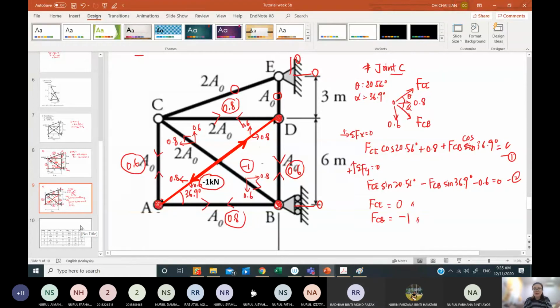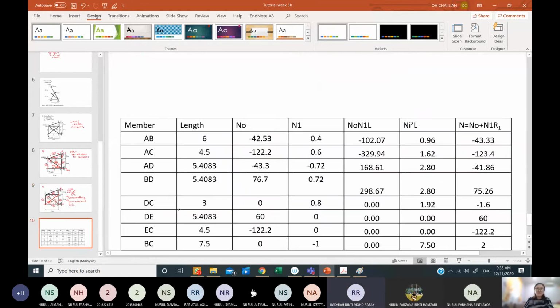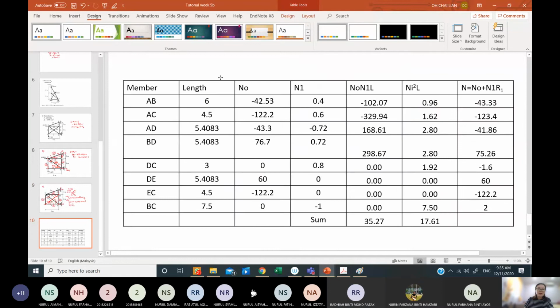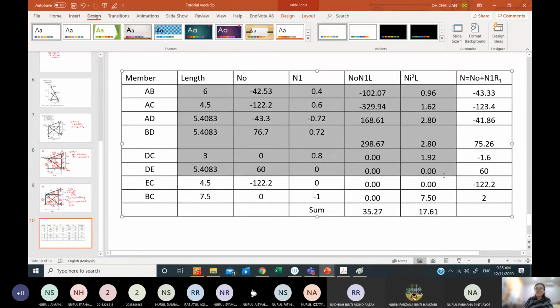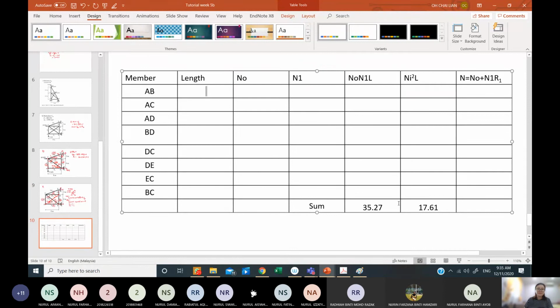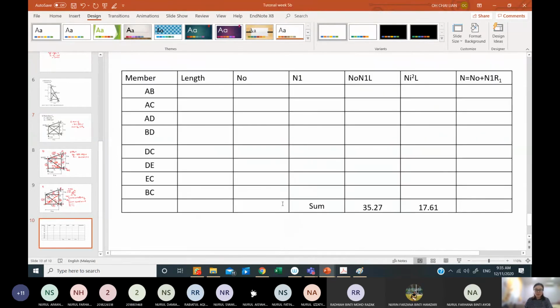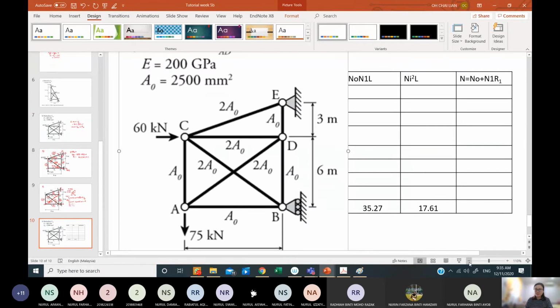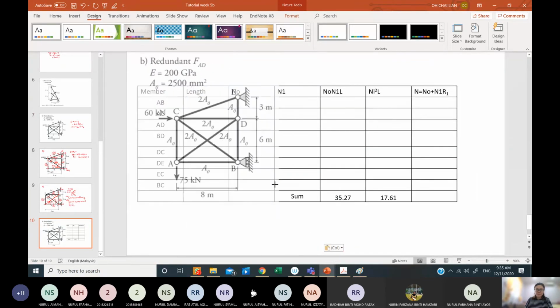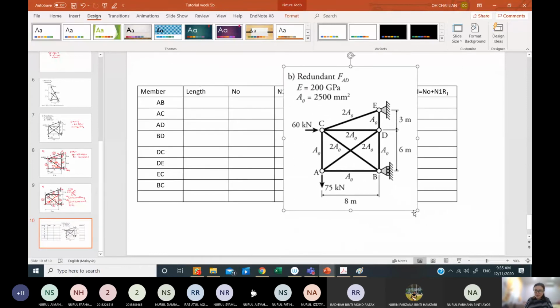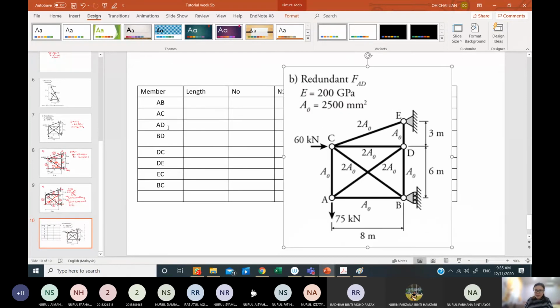If not, draw the table in your exercise book, because I'm going to create mine here. Do it yourself, otherwise you will be confused looking at me changing all these things. Because I do not have a printout version, I need this to guide me. Okay, I have AB.